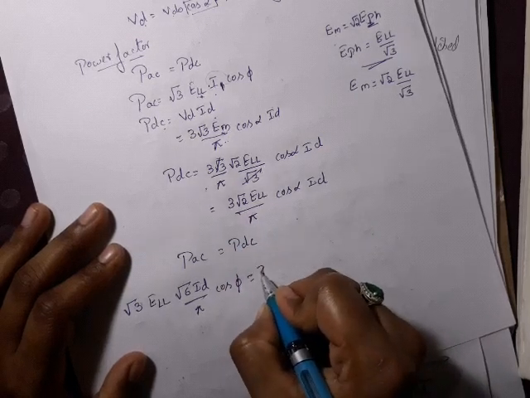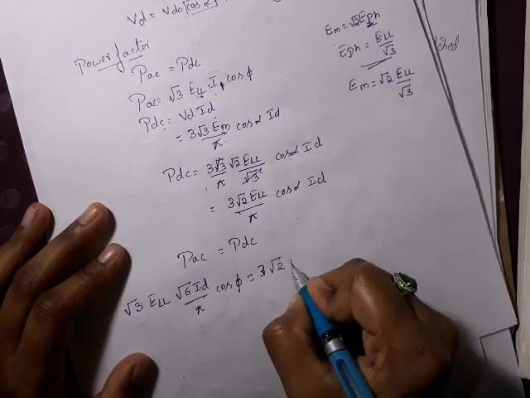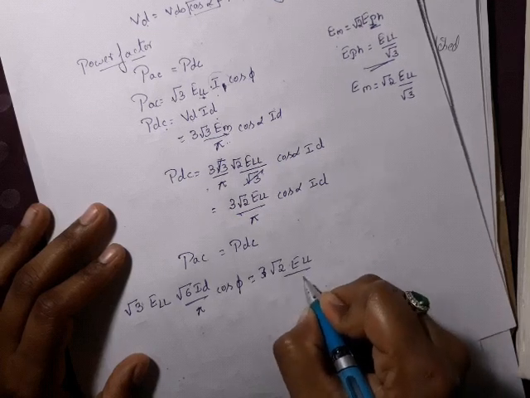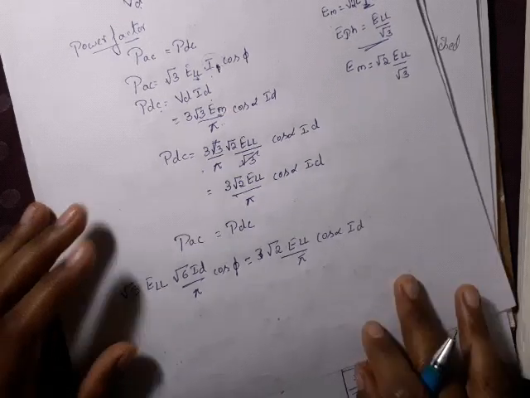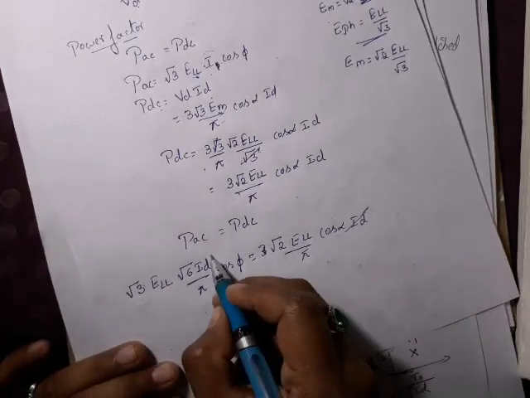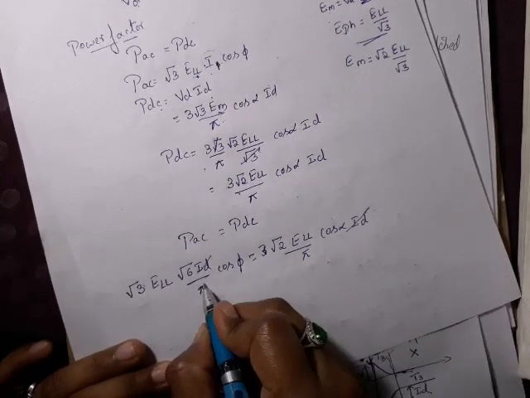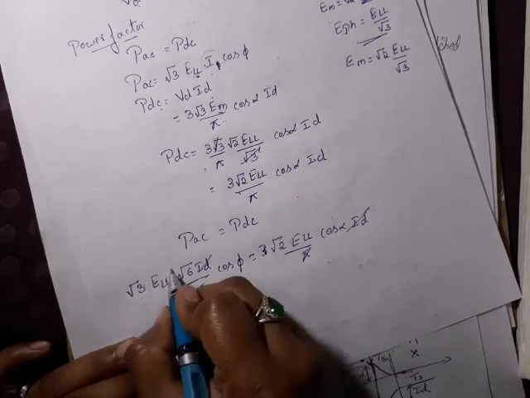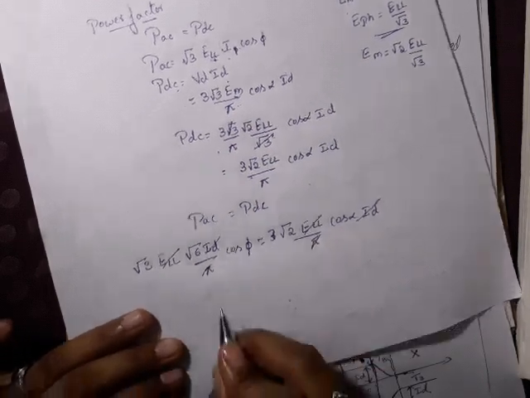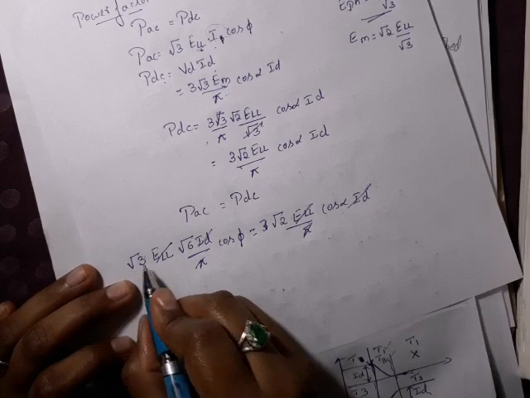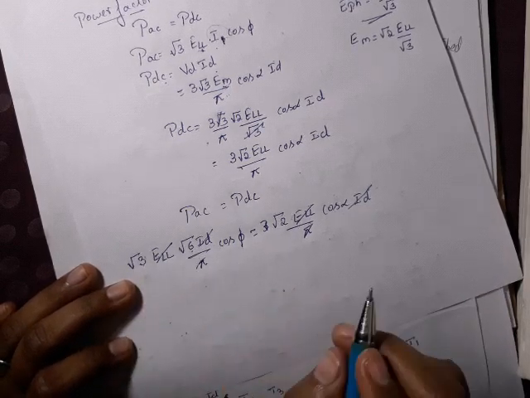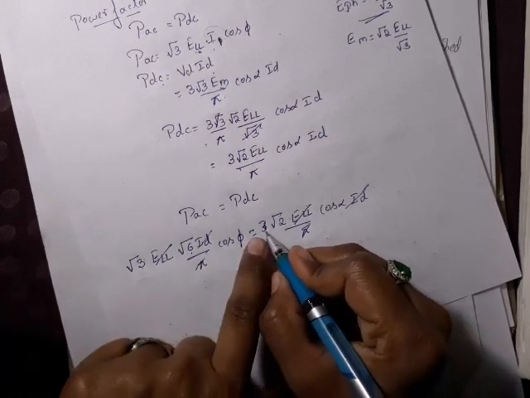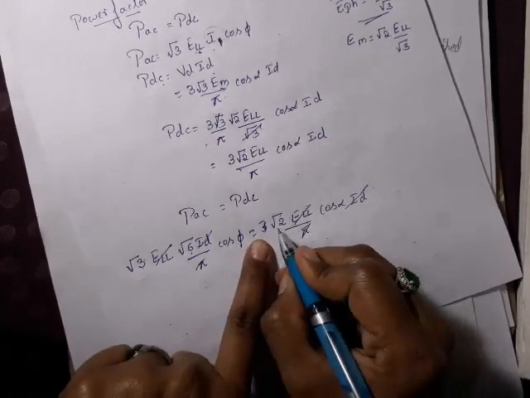PDC is 3 root 2 ELL by pi cos alpha into ID. See here, ID cancels, pi cancels, ELL cancels. So here we have root 3 into root 6, which is root 9... Here we have 3 root 2.